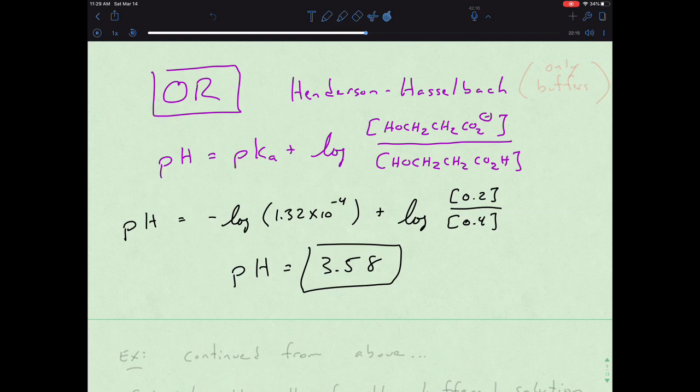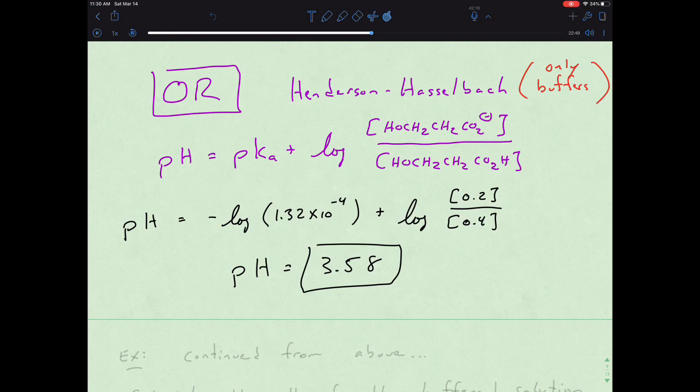Remember, these two processes are very complementary, so long as you're talking about buffers. So let's put that in red here: only buffers. That's the only time we can use the Henderson-Hasselbalch. So that's an example calculation of how we can determine the pH of a buffered solution.